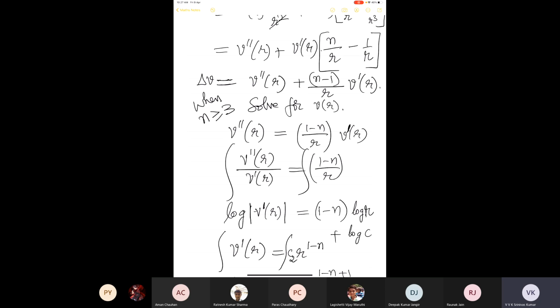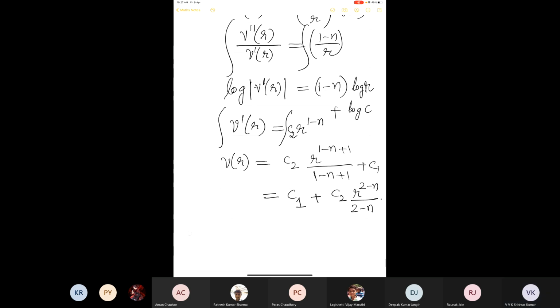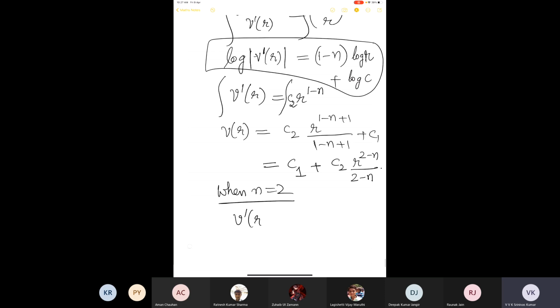What happens when n is 2? The case when n is equal to 2 is the case of 2 dimensions. You look at here, n is equal to 2, v prime of r is equal to c2 upon r.